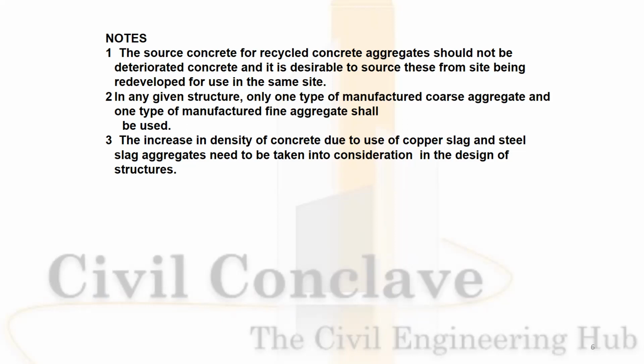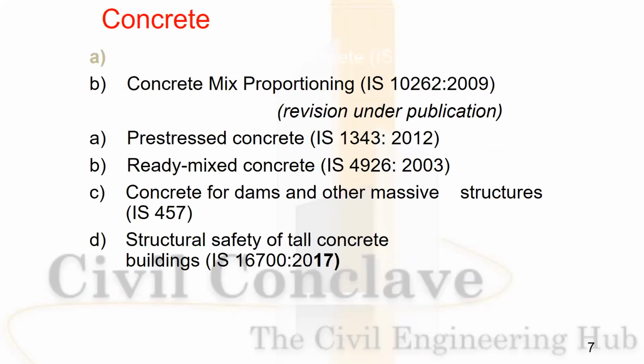In any given structure, only one type of manufactured coarse aggregate and one type of manufactured fine aggregate shall be used. The increase in density of concrete due to use of copper slag and steel aggregates needs to be taken into consideration in the design of the structure.